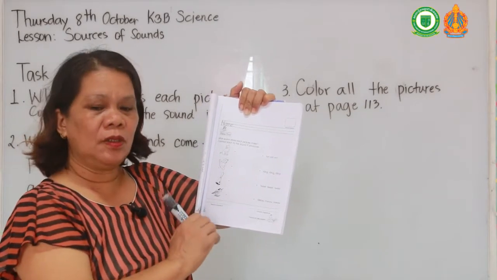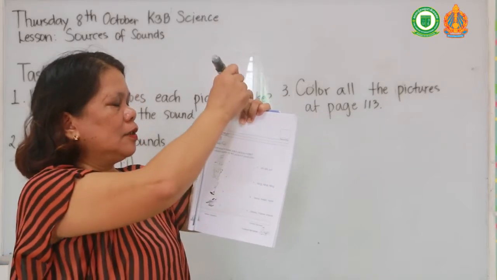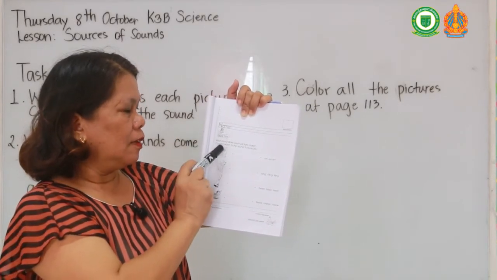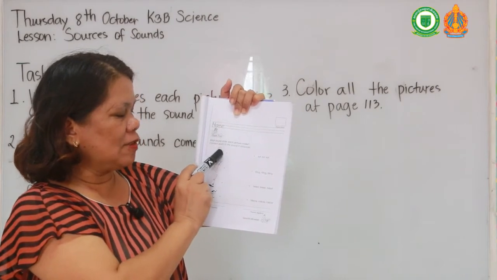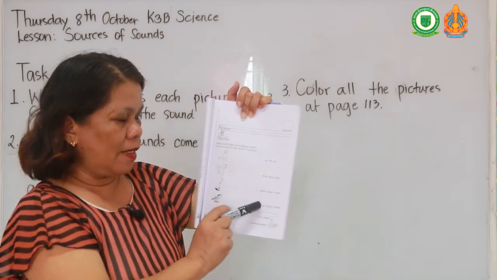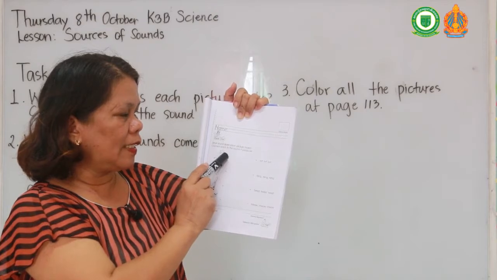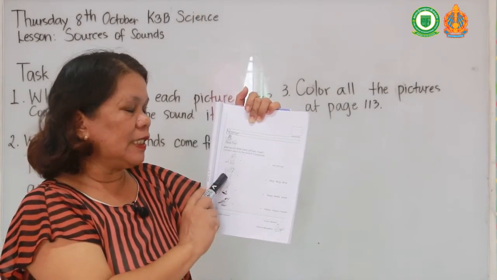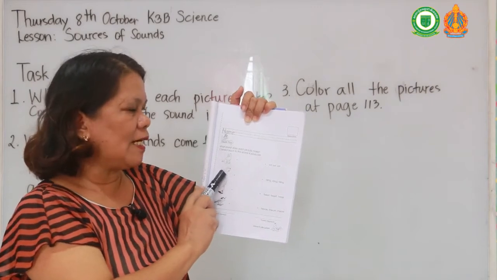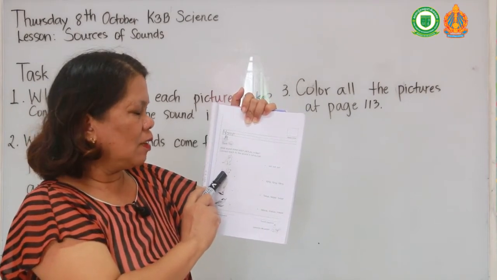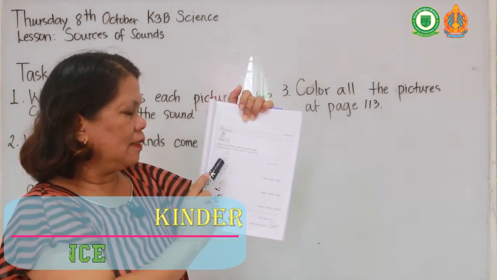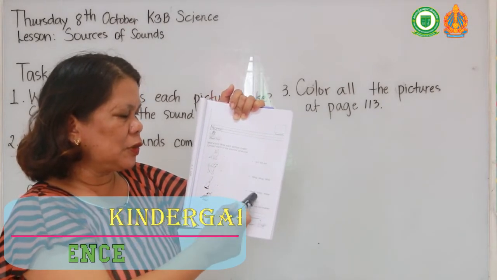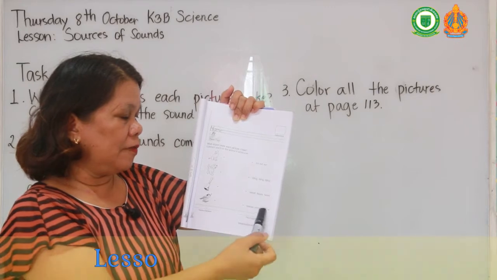You're going to connect, okay? You're going to draw a line to its sound. Cat sound is meow, meow, meow. You're going to connect cat to this sound. Okay, number 2 is a dog. What sound does the dog produce? Is it arf, cling, tweet, or meow?